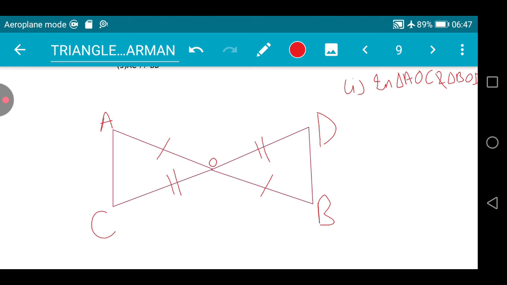And what criteria did we do earlier? Side angle side.